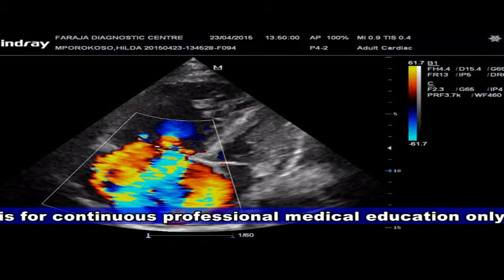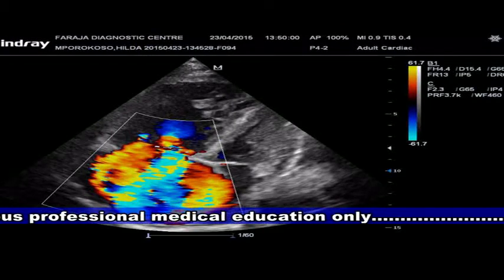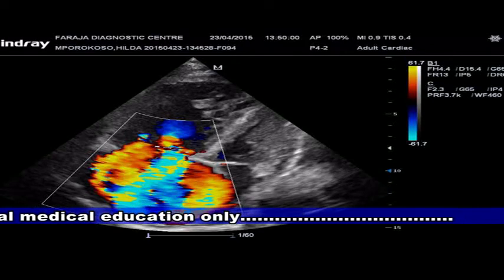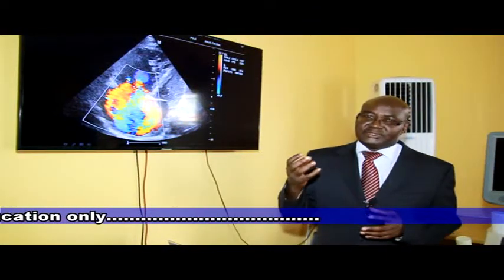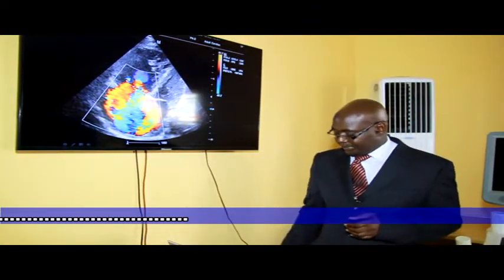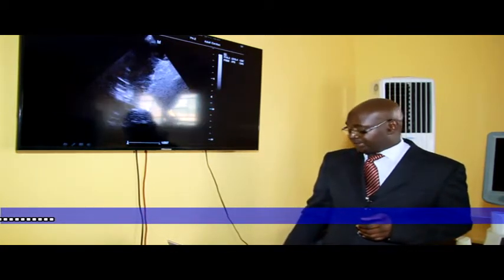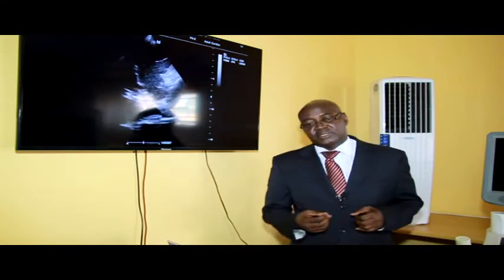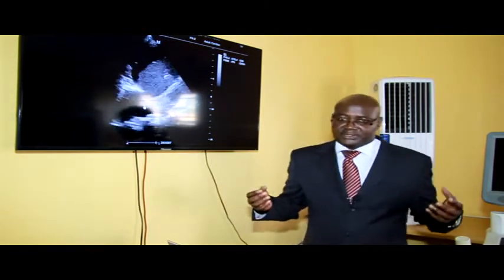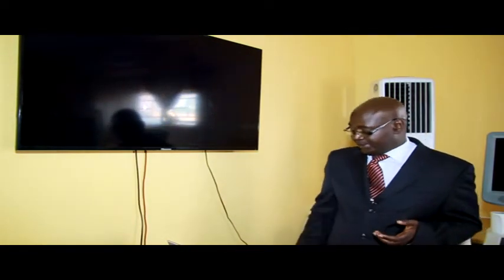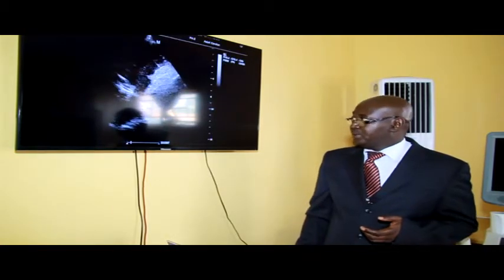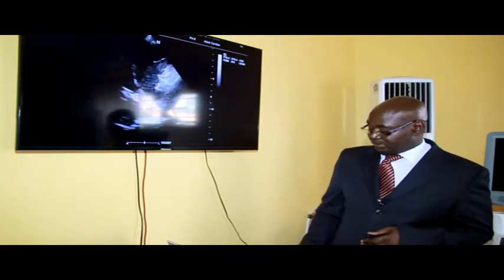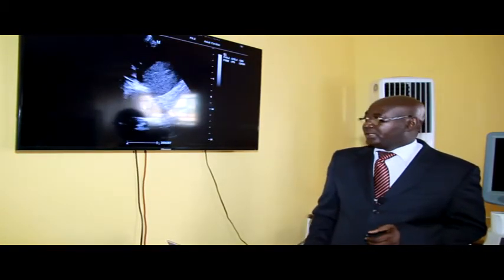This is another image just showing how much backflow regurgitation is filling the whole chamber. That means the valve, the tricuspid valve, is incompetent, causing pulmonary hypertension. This client as well had pleural effusion, so she had backed up fluid in the lungs. She was in heart failure with backed up fluid in the lungs, and she was in severe heart failure.